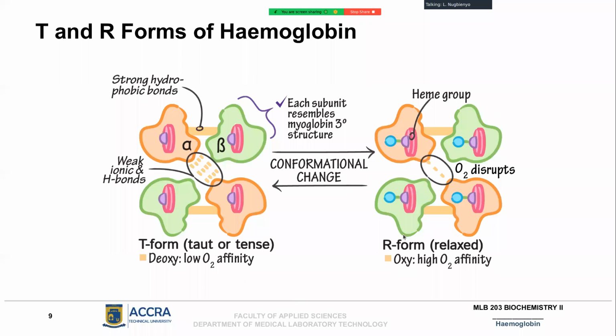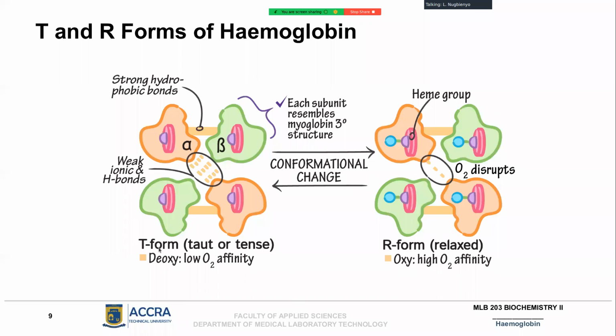When you look at the oxyhemoglobin, we see the oxygen molecule being bound, which is here in blue. This blue bound to the heme of the hemoglobin. These are oxygen molecules. Now, these two forms of hemoglobin, that is the deoxy and the oxy form, are also referred to as the T form and the R form.